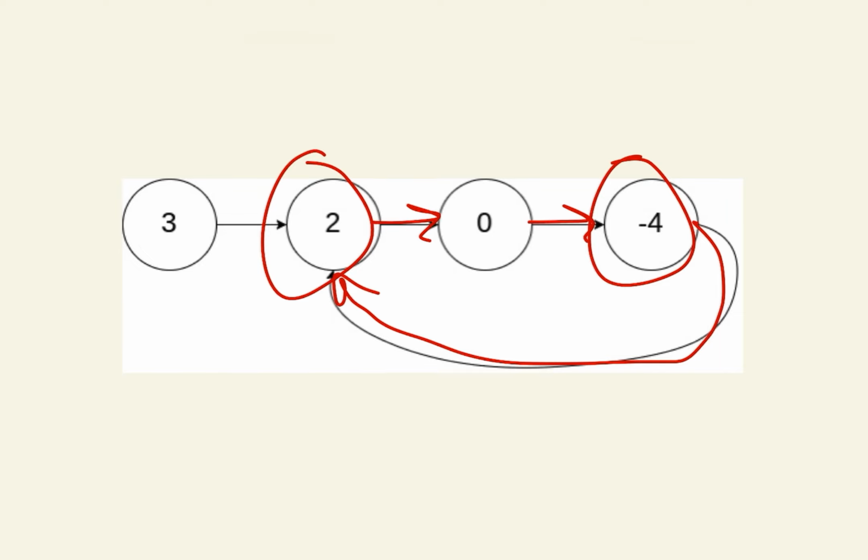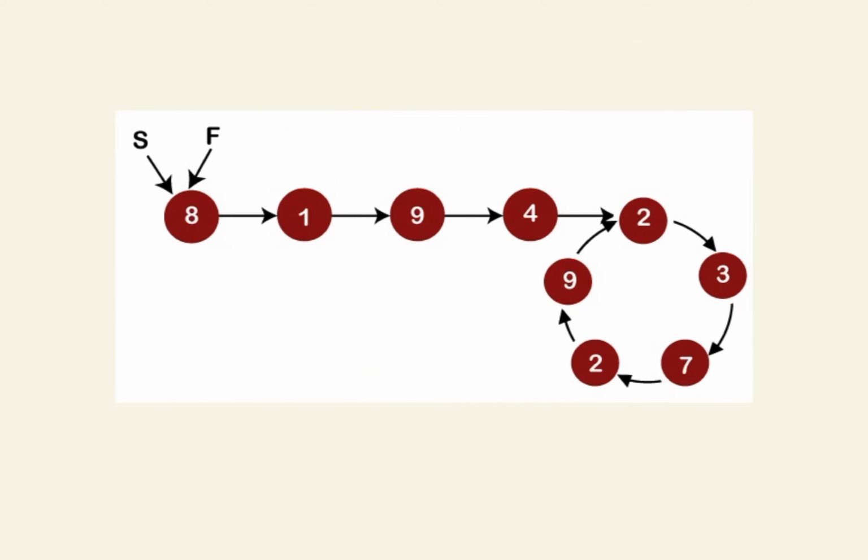So to find the cycle in the linked list, we can use the fast and slow algorithm. The algorithm works like this. First of all, slow and fast will be equal to the head of the linked list. That is, head is equal to 8, and slow will run one by one.